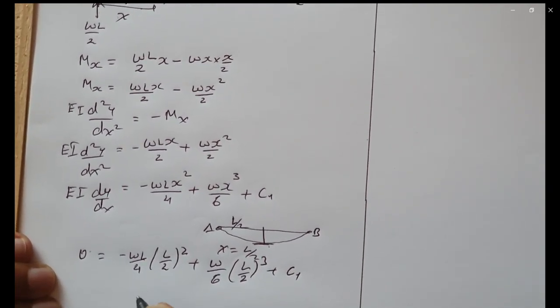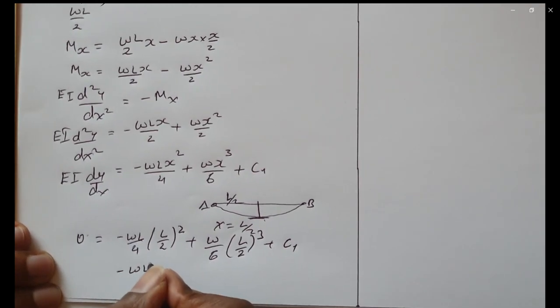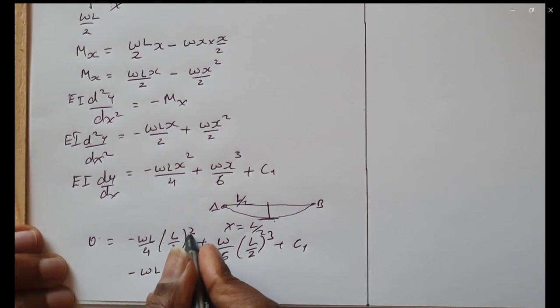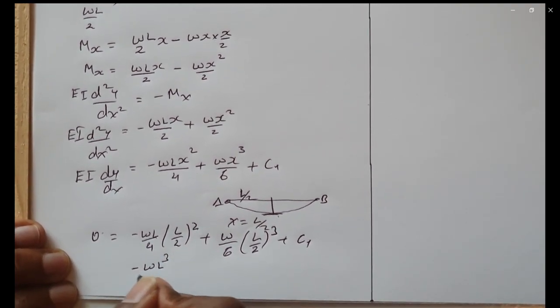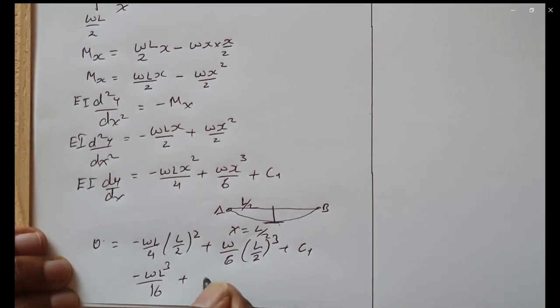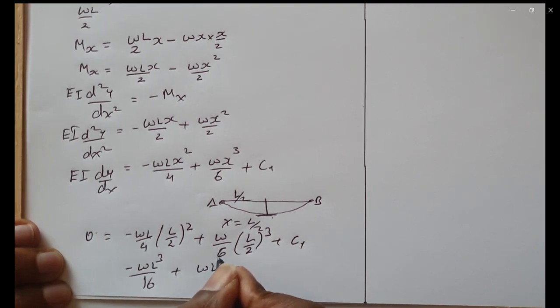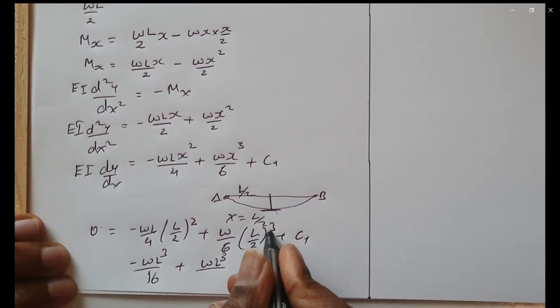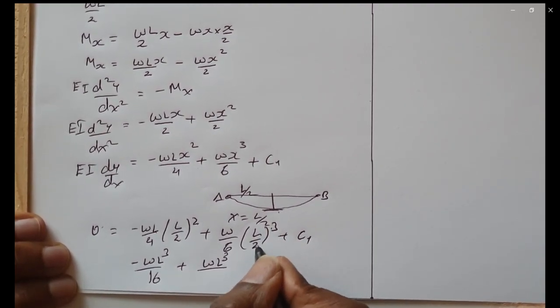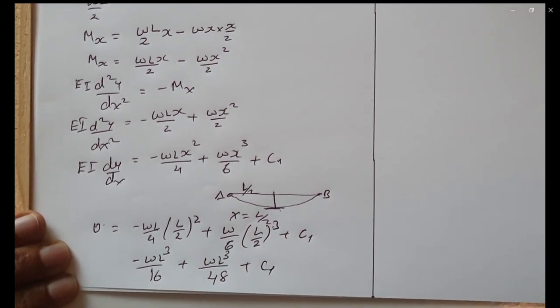From here we can work out minus WL cubed over 4 times 4, 16, plus WL to the power of 3 over 2 cubed, 8, 6, 48, plus C1.